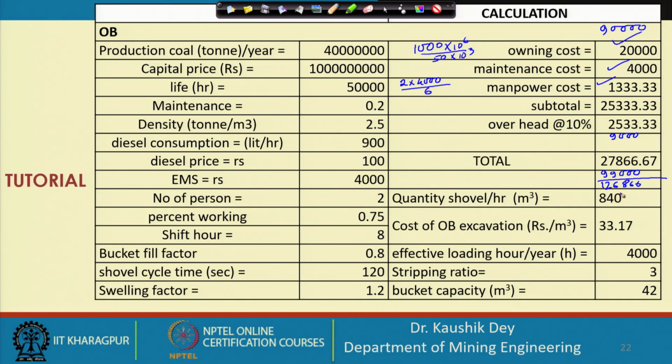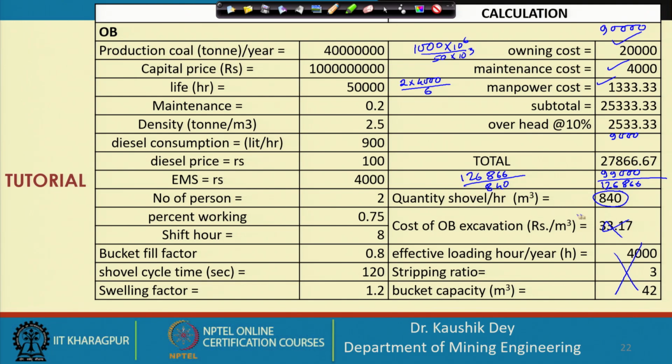So, shovel is handling 840 meter cube, as we have found 28 into 30. So, 28 into 30 is coming 840 meter cube. So, 126,866 divided by 840. So, this is the amount has to become. So, there is some calculation mistakes. So, let us overcome this.